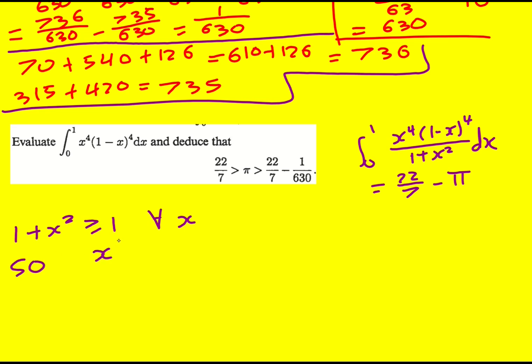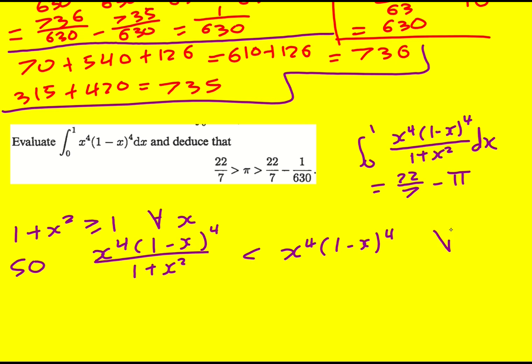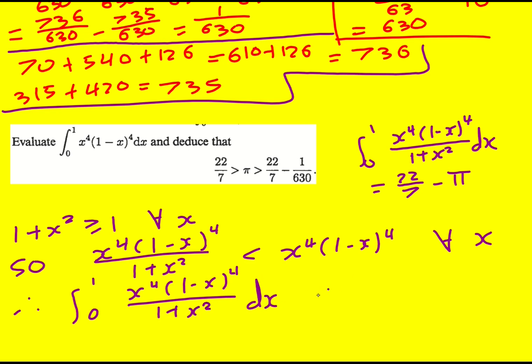Just going to write that down. So x to the 4 over 1 minus x to the 4 is going to be less than, and therefore the integral from 0 to 1 of this is going to be less than the integral we just found.